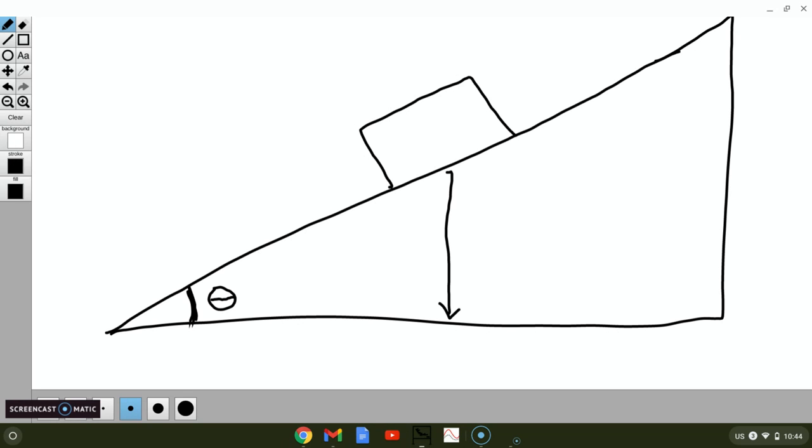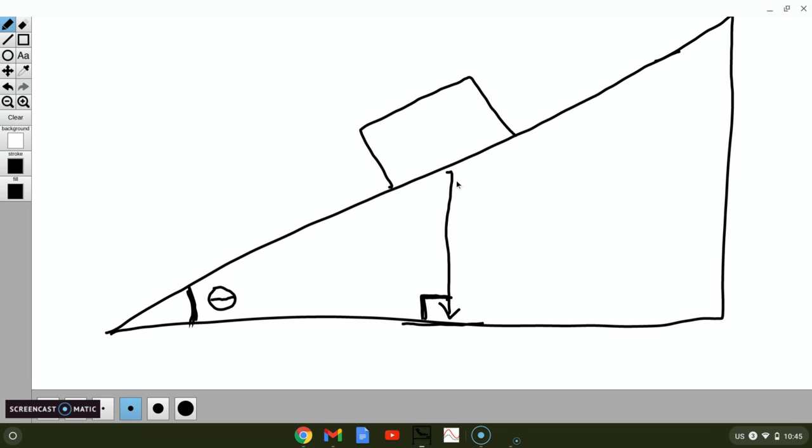Because it's straight down, it does make a 90-degree angle with the bottom if the bottom is flat. It's supposed to be flat. Now, remember we can add forces or vectors together to be components. So this vertical force can be made of components that are not set at typical 90 degrees.